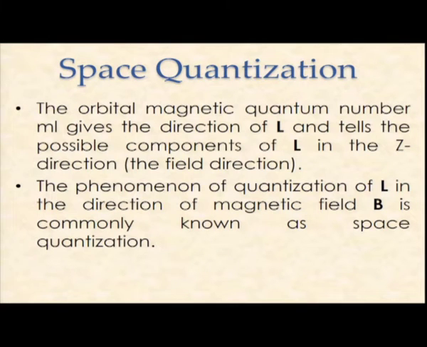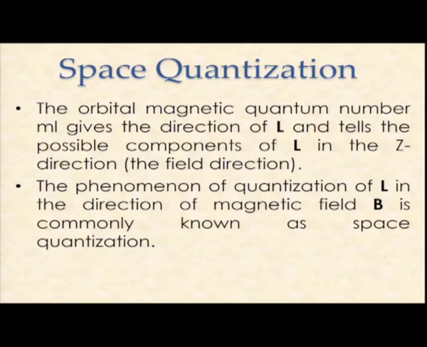The orbital magnetic quantum number ml gives the direction of the angular momentum and tells the possible component of angular momentum in the z direction, that is, in the field direction. Here, in space quantization, we are learning about the orientation of the orbit. To know about the orientation of the orbit, the direction of the magnetic field is taken as reference.